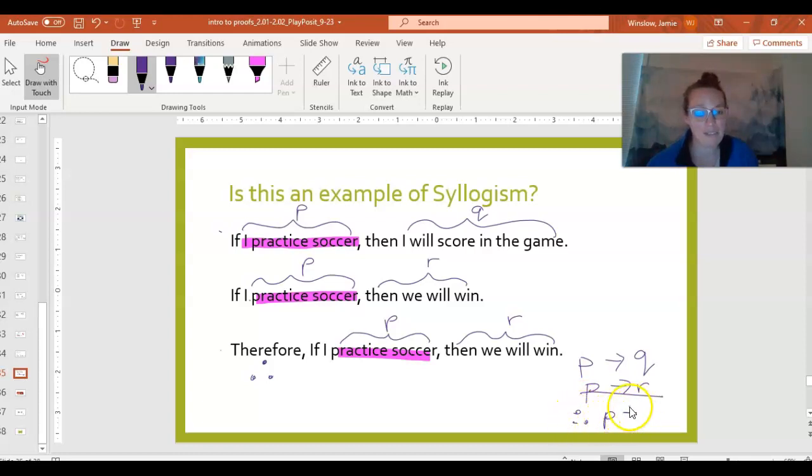Therefore, P implies R. Do you guys see how this is not the law of syllogism now? So it's a really good idea to label and then also write it vertically so you can see those letters together. These do not match. This conclusion must match this premise in order for the law of syllogism to be true. So no, this is not the law of syllogism.